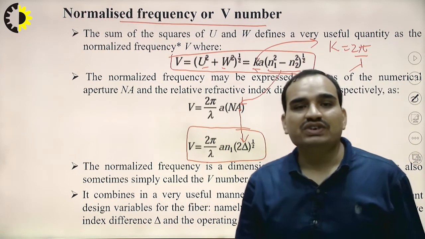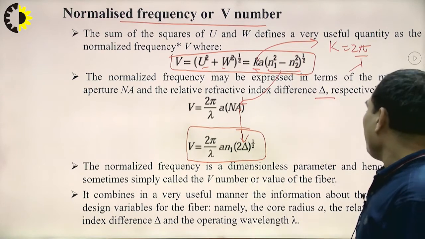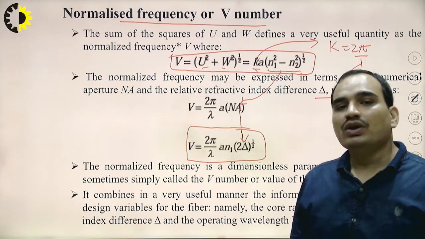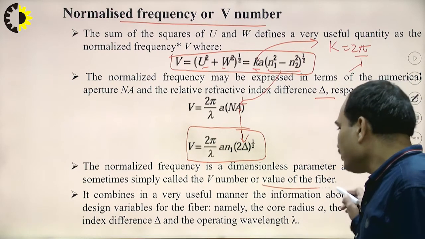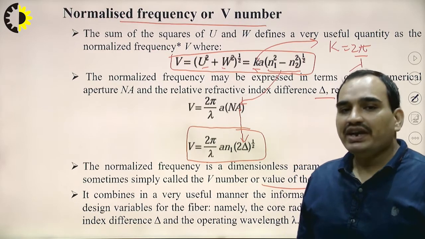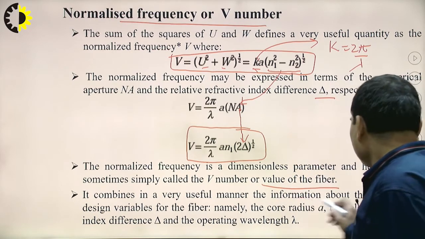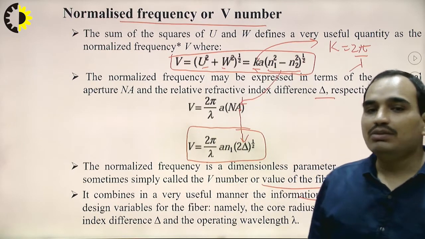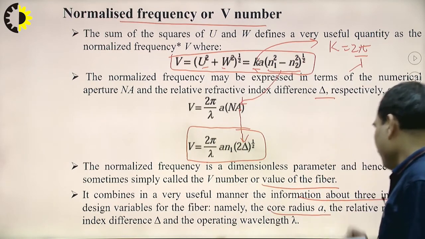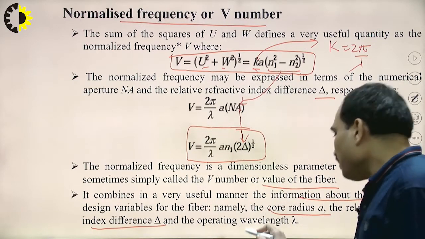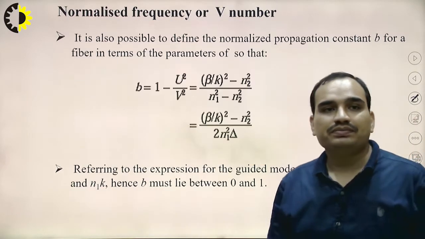The normalized frequency is a dimensionless parameter, hence it is sometimes also called the V number or the V value of the fiber. It combines in a very useful manner the information about the three important design variables for the fiber, namely the core radius, the relative refractive index difference delta, and the operating wavelength lambda.